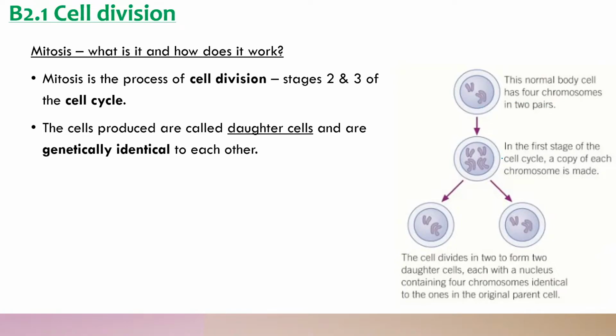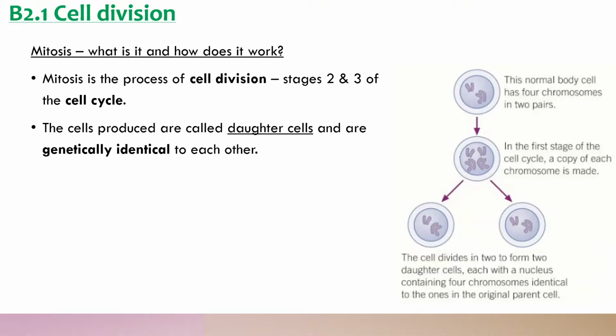In the first stage of the cell cycle, a copy of each chromosome is made. So if it has 4 originally, they can be put into 2 pairs, because each one is a copy of the other anyway, but you don't have to go into that too much at the moment.